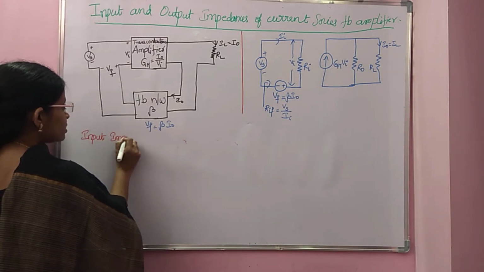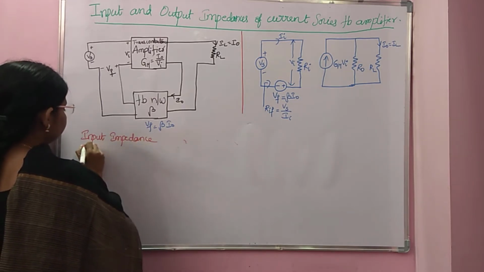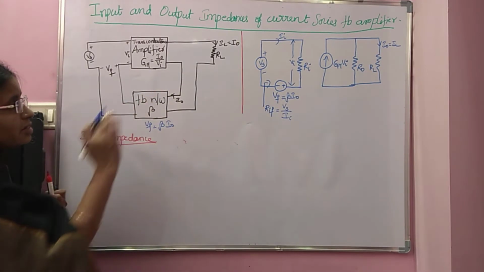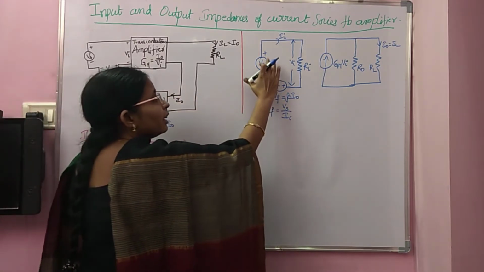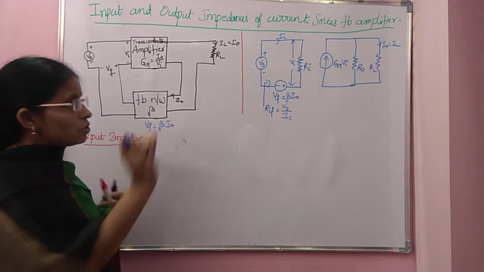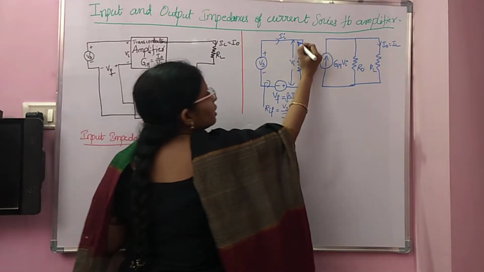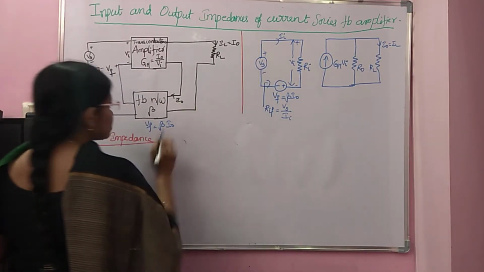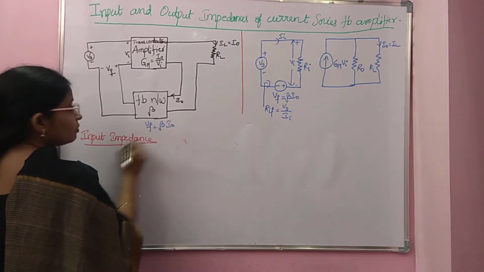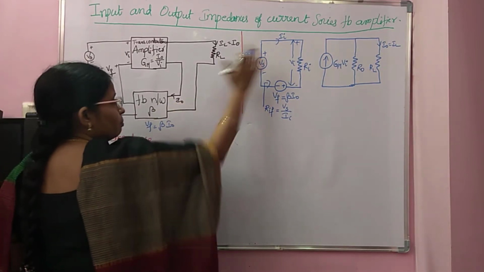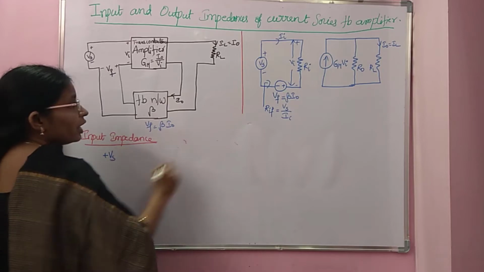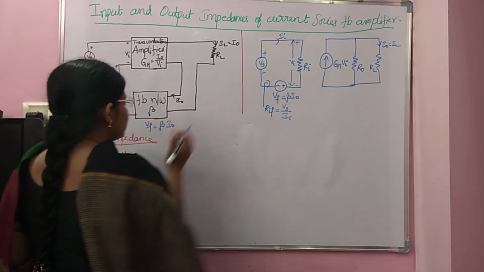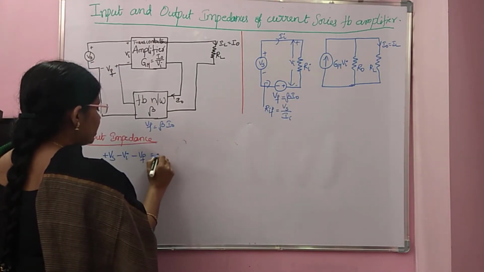Now, as this is series mixing, if you see the input, it is very easy to write KVL. So simply write KVL. Vs minus Vi minus Vf is equal to 0.